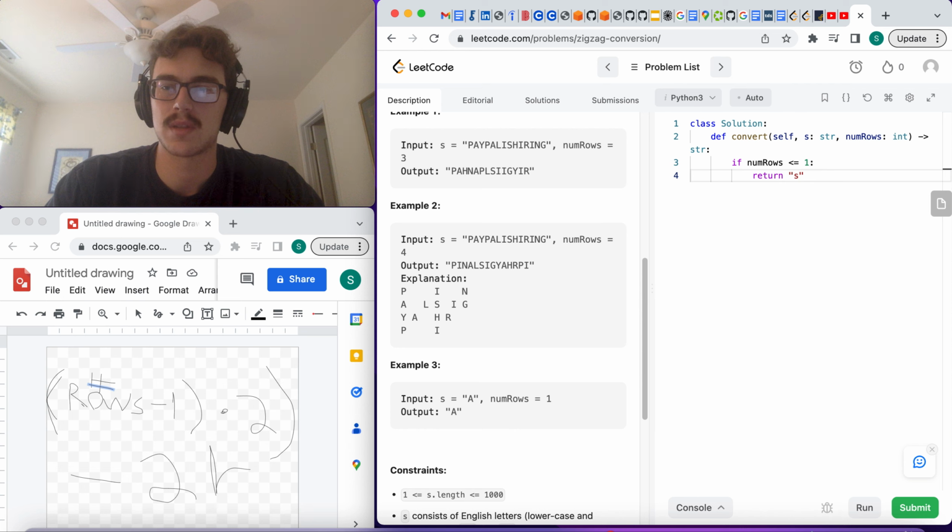Do we have to put little parentheses like that? I don't know. Okay. Now let's make our output string. We'll make it empty.